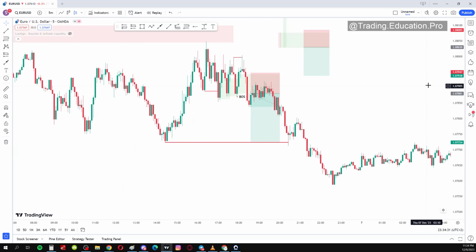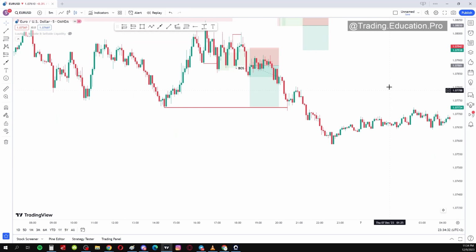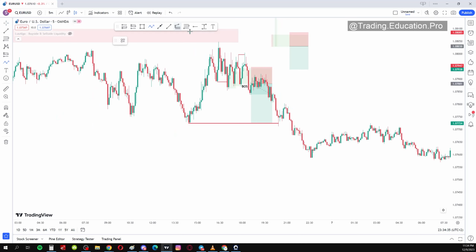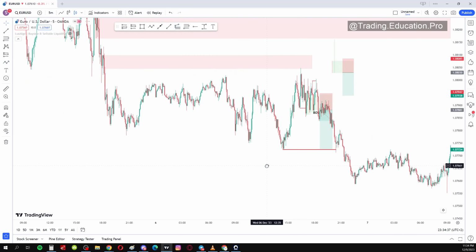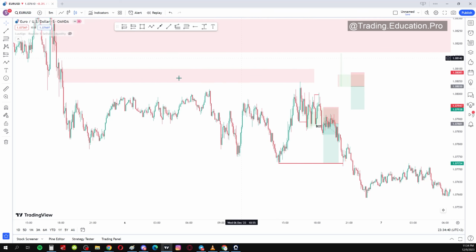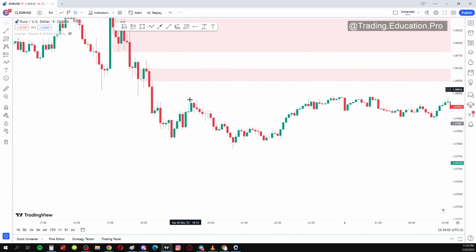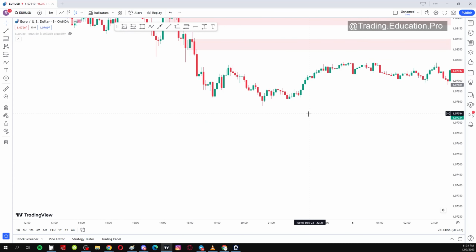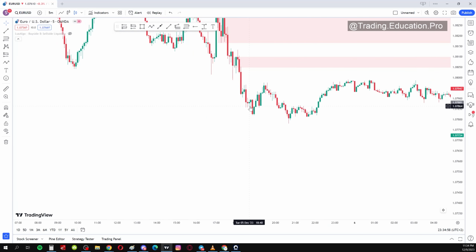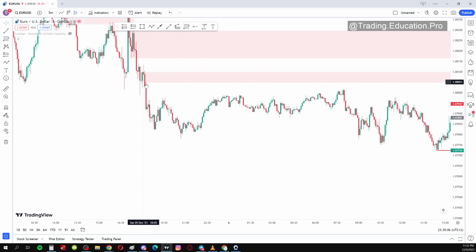So I'm just gonna draw it again. What we want, basically, on a larger scale, I'm just gonna start here. We had an order block here. So in the bearish move, we are searching for a green candle before it moved down. And in this case, this is the green candle here.